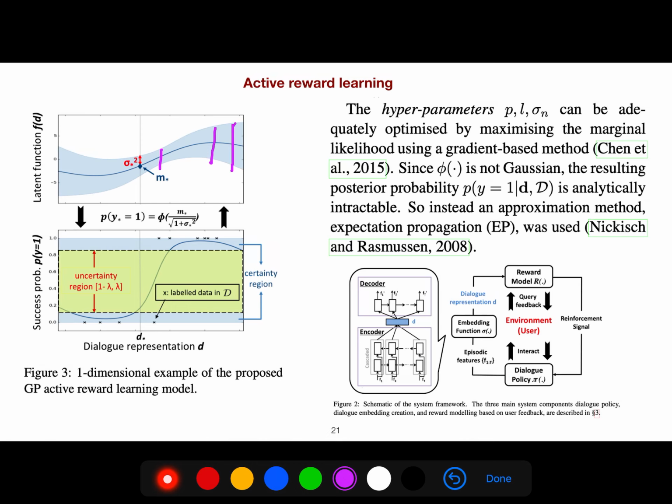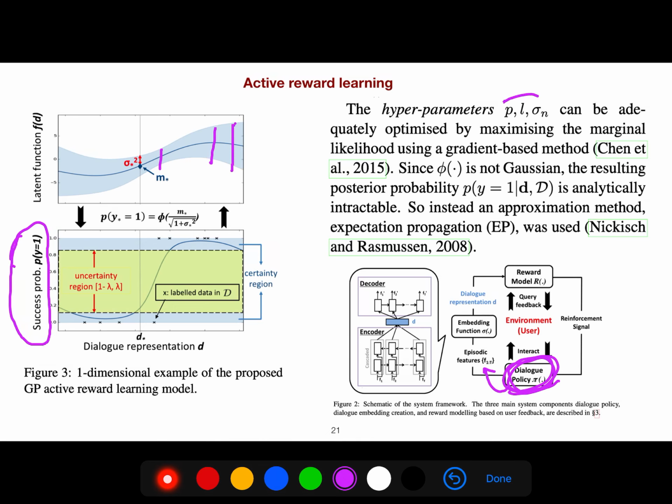What is important is that we want to know the probability of success, which is between 0 and 1. We use this as a reward function to be used by the dialogue policy to generate episodic features.